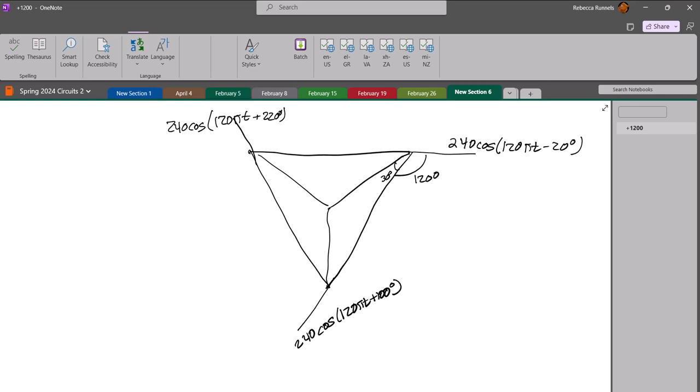And so the phase shift from my Y to my delta is 30 degrees. And so all I have to do to get the correct degrees for the Y is to add 30 degrees to the angle that I had for the delta, because each of these is 30 degrees.